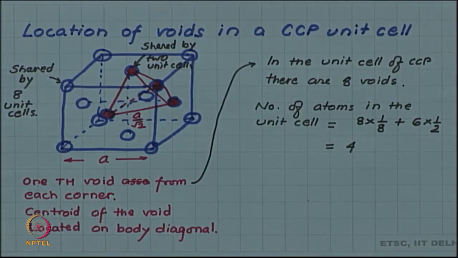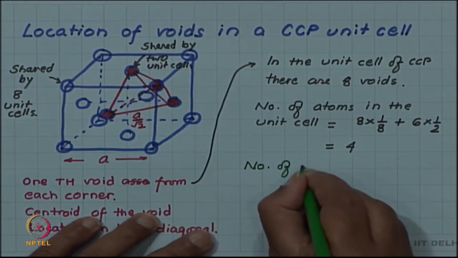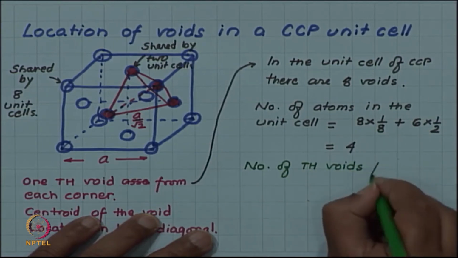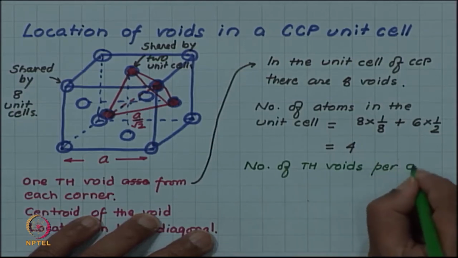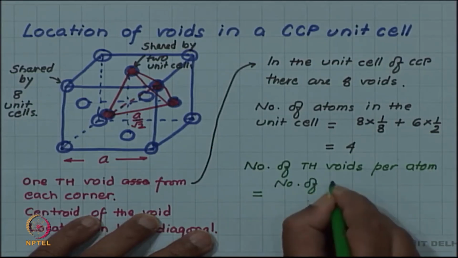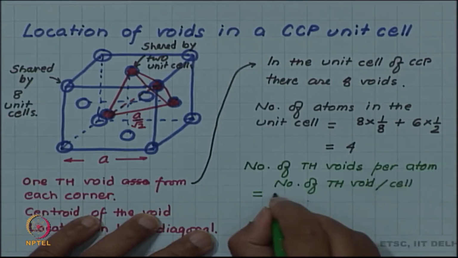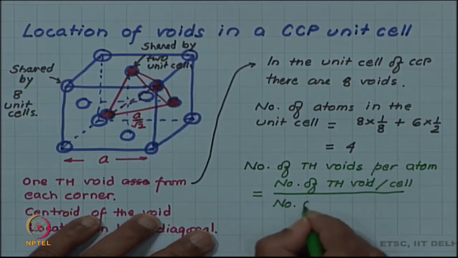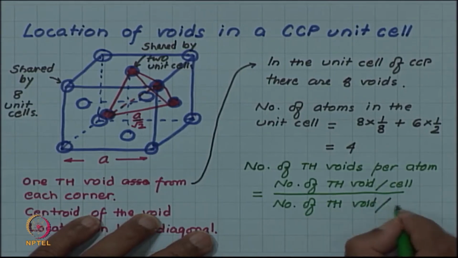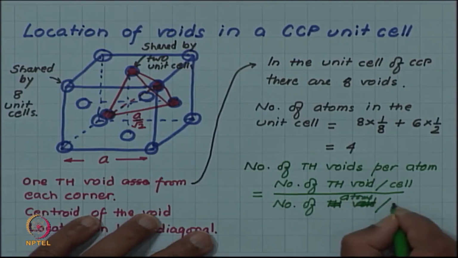So, this gives us a calculation of the number of tetrahedral voids per atom: number of tetrahedral voids per cell divided by number of atoms per cell.